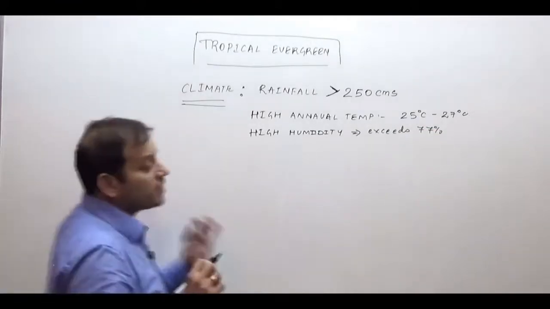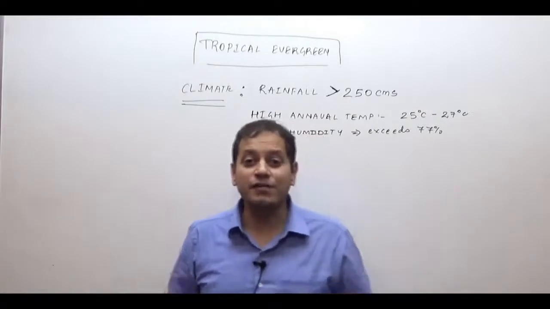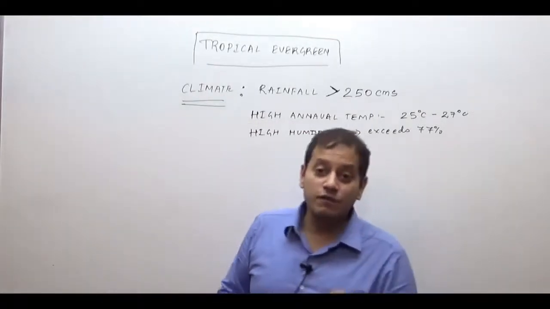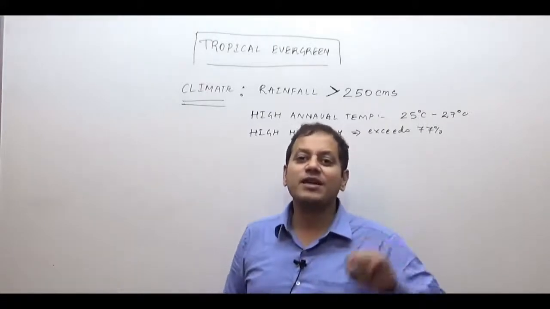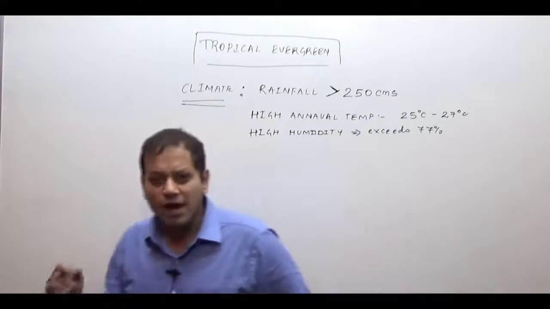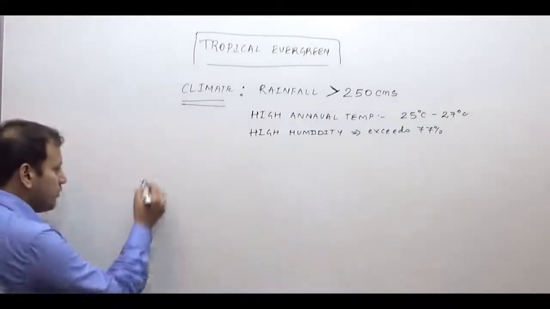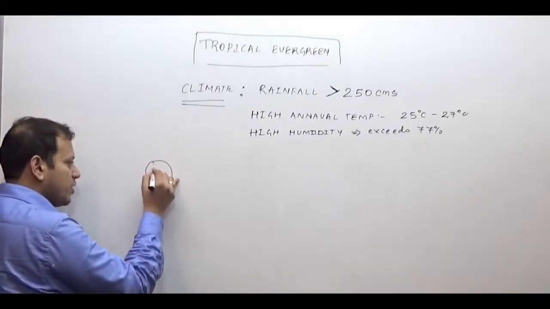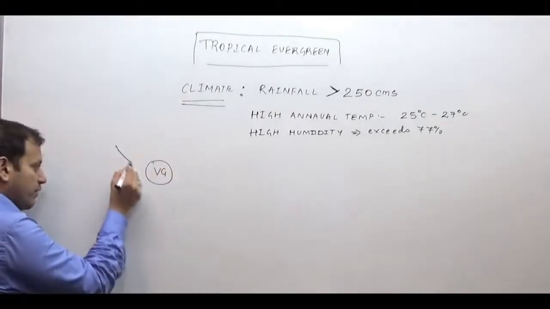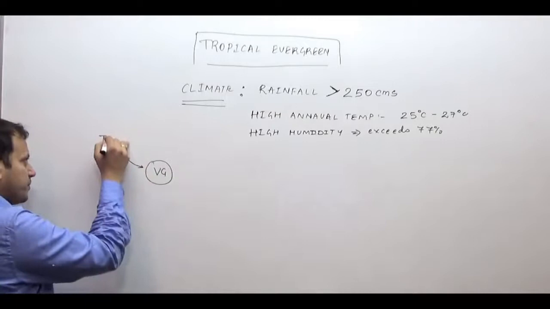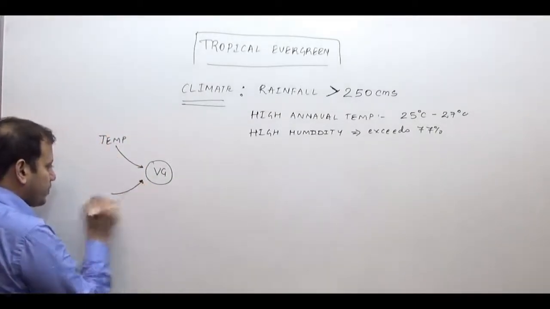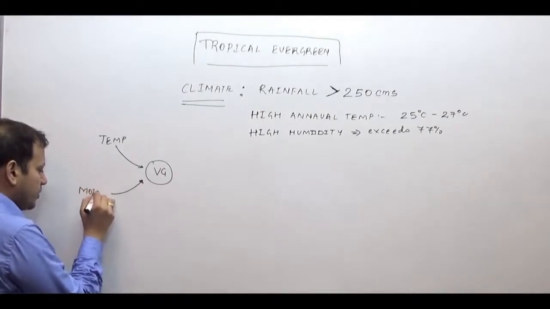Now, why are these known as evergreen forests? There are two conditions required for the growth of vegetation, especially in the tropical regions or anywhere in the world. For vegetation growth, two inputs are required: one is temperature and the other is moisture.